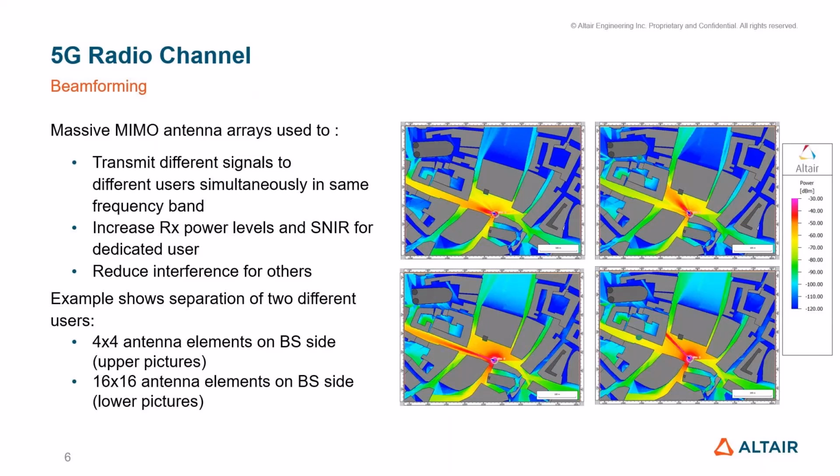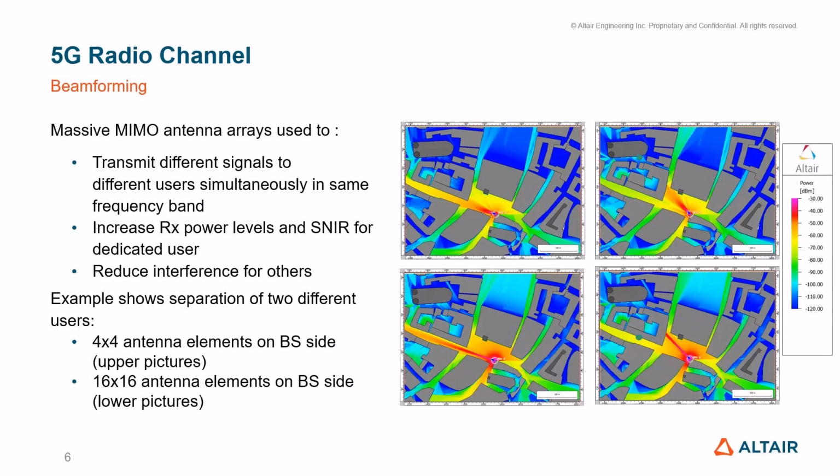In this example, we compare the coverage results in case of beamforming for two different users in an urban environment. So this is a top view. The gray parts you see are the buildings, and we have the coverage results in the streets around the transmitter.